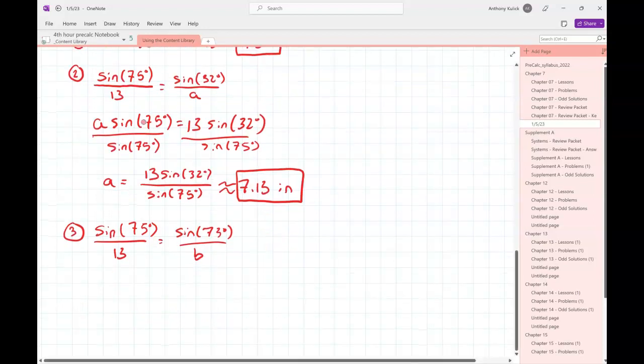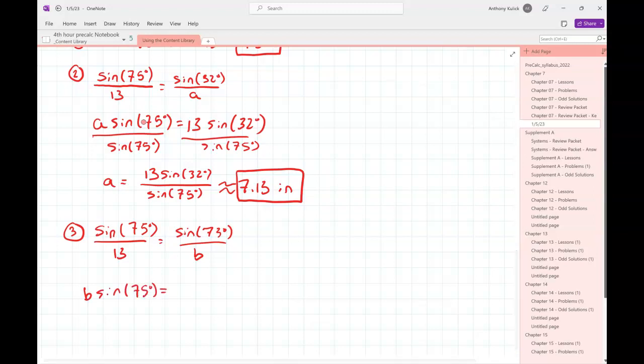All right. Cross multiply and divide. And then, so there's my cross multiplying. Got to get that b by itself, so divide by sine 75 next.